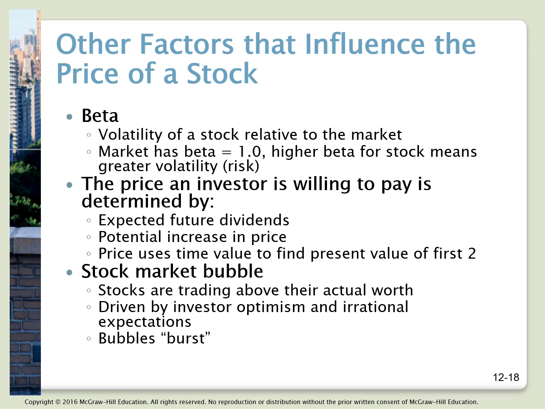Stock market bubble, stocks are trading above their actual worth, and this has happened on more than one occasion, driven by investor optimism. They're irrational, think about things that happened before. It happened in 2000. It happened in the great stock market crash in 1929. It's happened periodically, where you get investor enthusiasm, thinking everything is wonderful, and the bottom falls out.